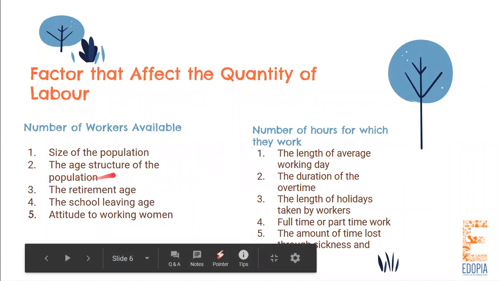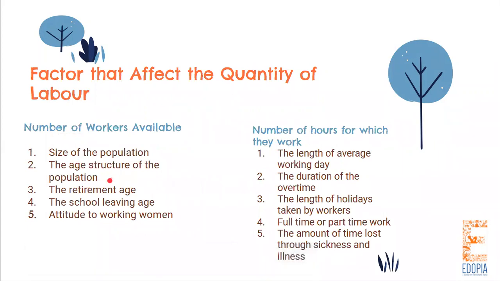And then the age structure. The more you have a working population between the age of 18 till 55 or 60, the greater the number of people available, and the mobility of workers for working at different occupations is going to be greater too. Then we see the retirement age. The quicker the people retire, the smaller the labor force you'll have.